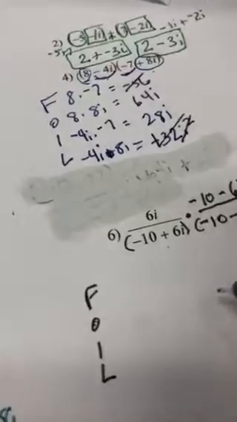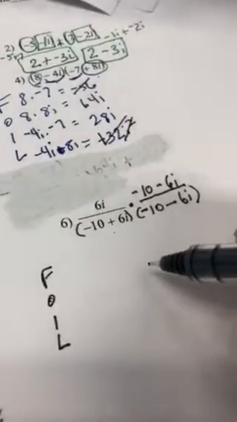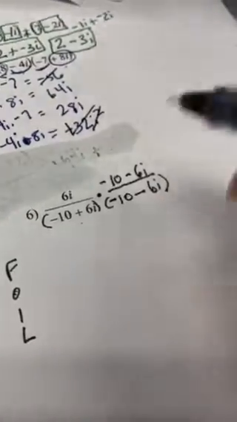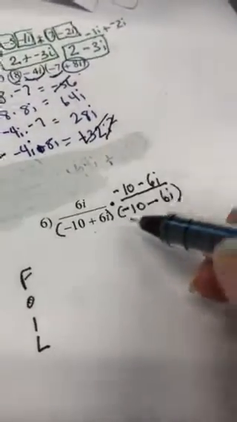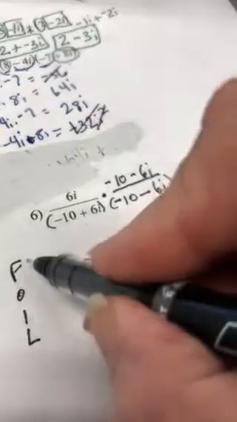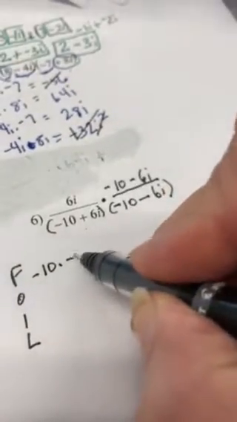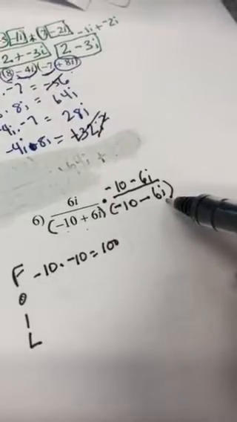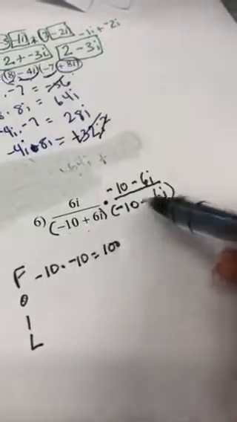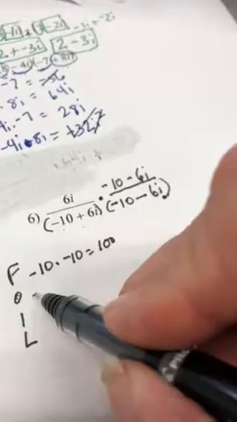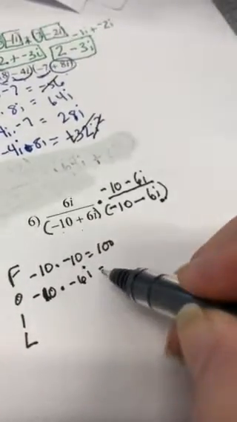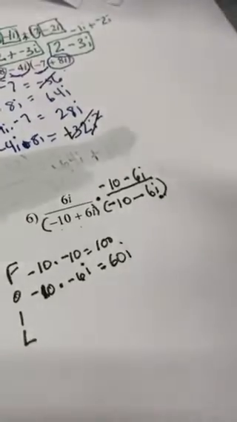You're going to get real happy doing these FOILs because for number 7 and 8, we have to double FOIL. We have to do 2 sets of FOILs, but we're just getting 5 and 6 right now. So we have negative 10 times negative 10, that's our 2 firsts, equals 100. My first times my last, that's the 2 outsides, so negative 10 times negative 6i is positive 60i.